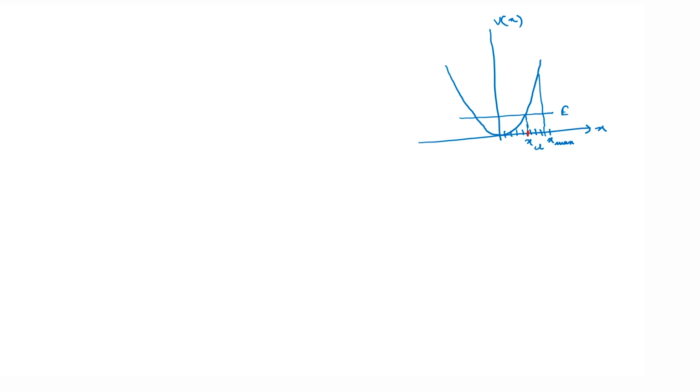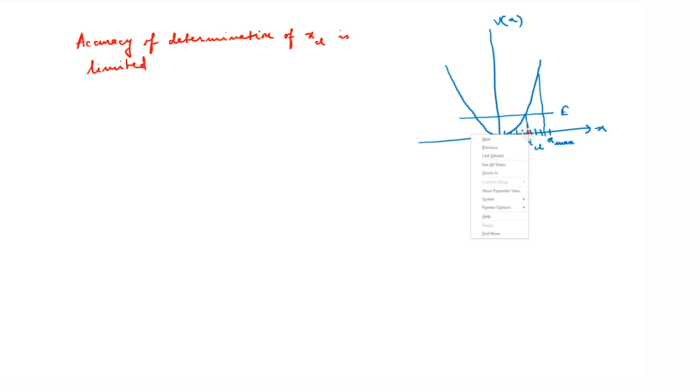So the accuracy of determination of XCL is limited. If I have smaller and smaller grid spacing, the probability of having one of the grid points exactly at XCL increases.